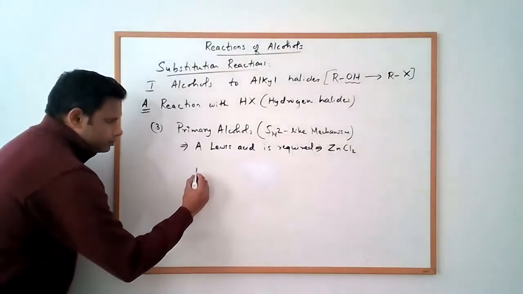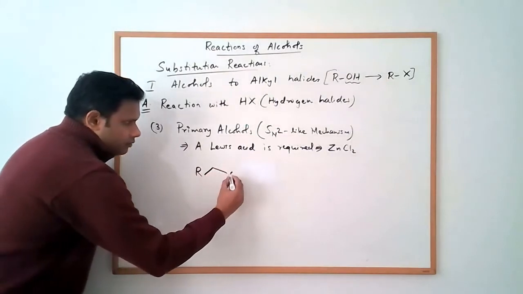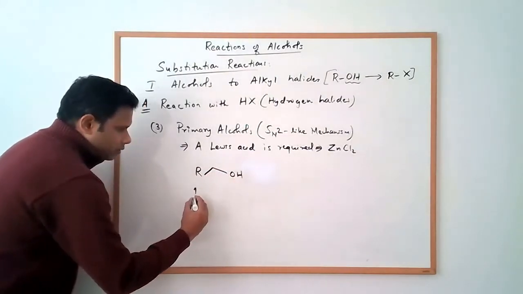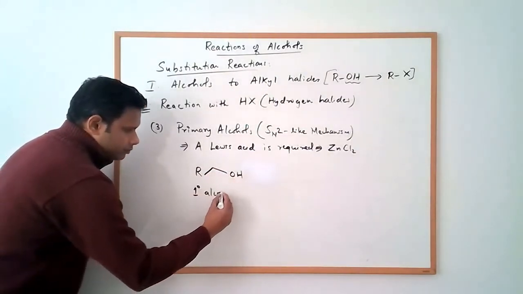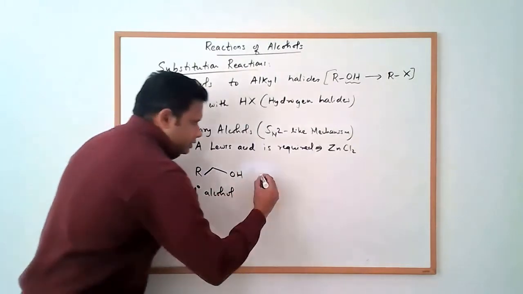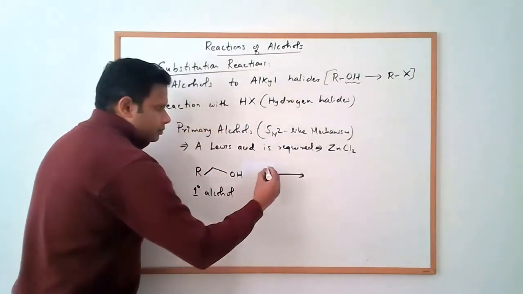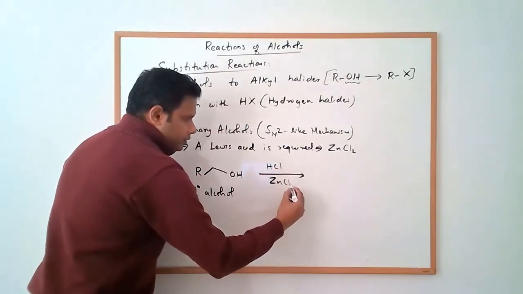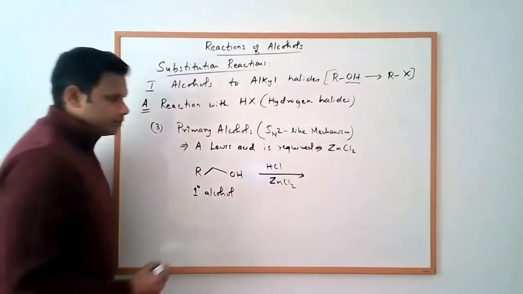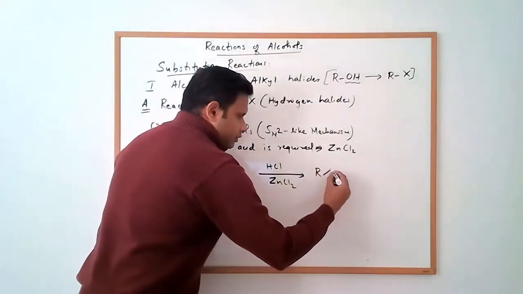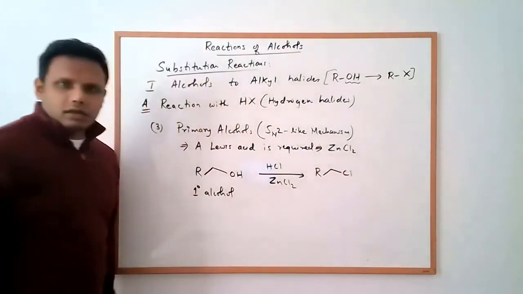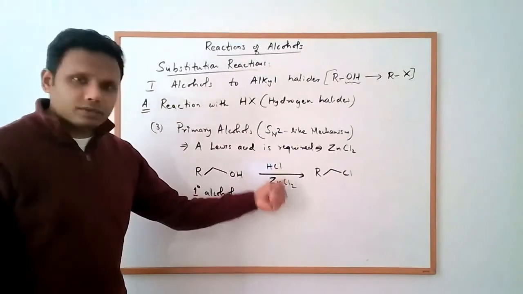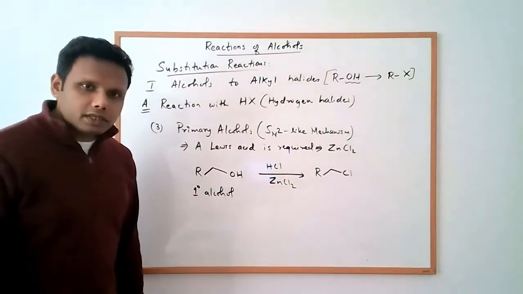So what happens is, if you have a primary alcohol, this can react with HCl in the presence of zinc chloride to give the alkyl chloride this time, because we are using zinc chloride and HCl.